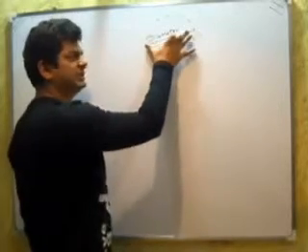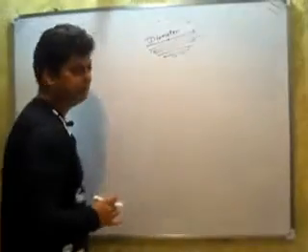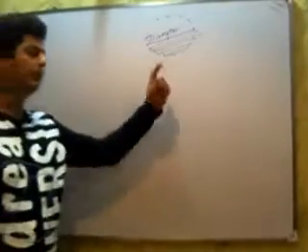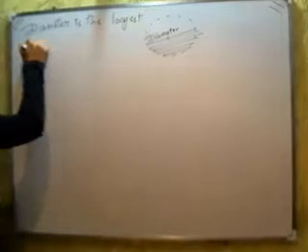As I am approaching the center of the circle, the length of the chord is increasing, right? Because circle is broadest at the center. So we can say that diameter is the longest chord.